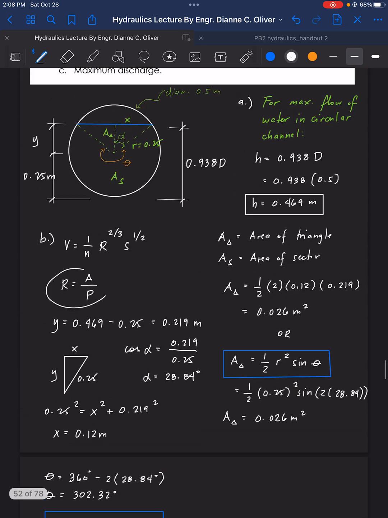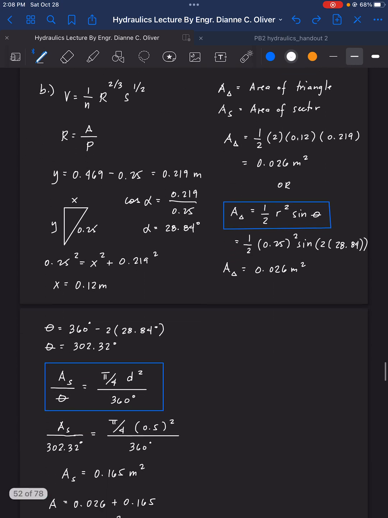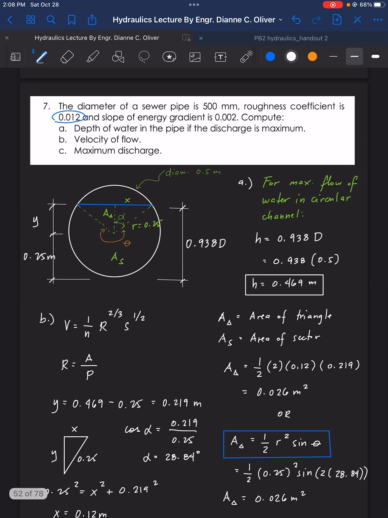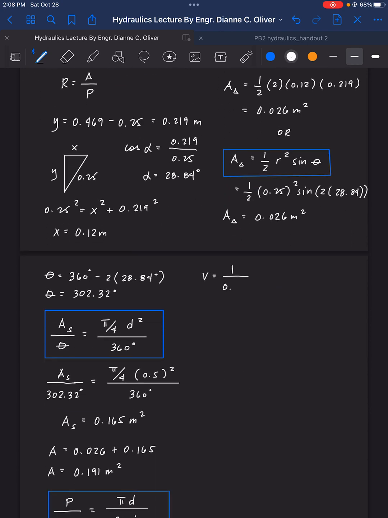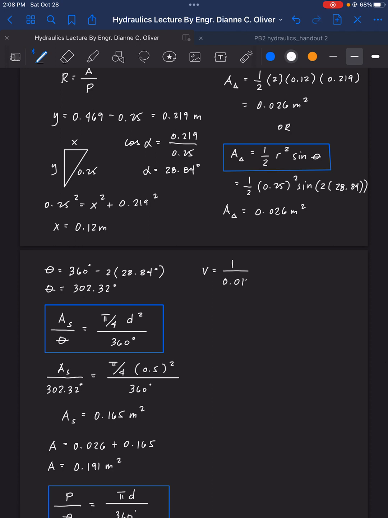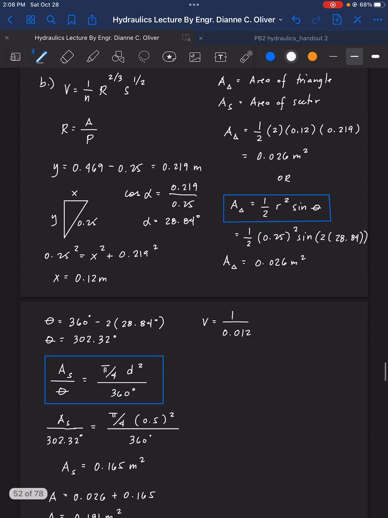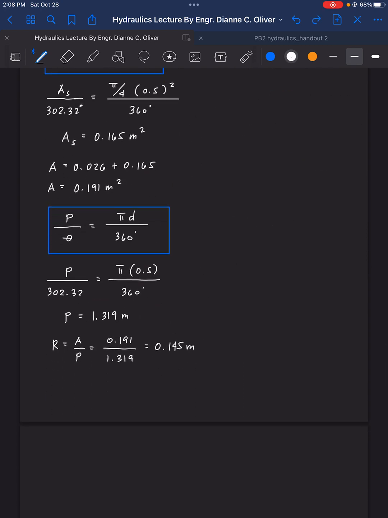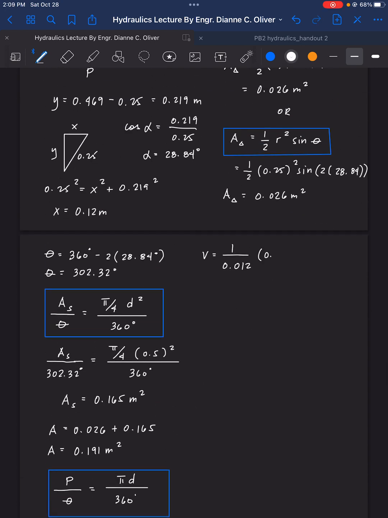Since we now have the value for R, we can now solve for the velocity. Velocity is equal to 1 over n. What's our value for n? It is 0.012. And our R value that we got is 0.145, so 0.145 raised to 2/3.